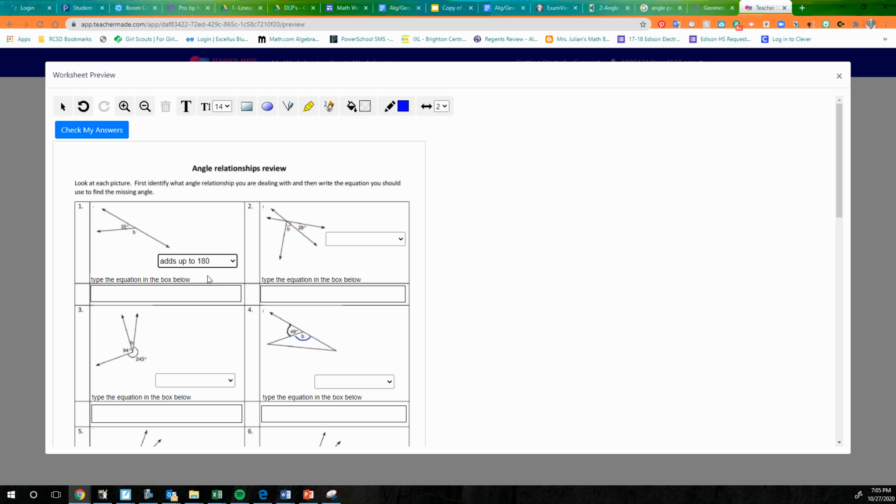So you would pick one, and then you're going to click in the box right here, and you're going to type what you think the relationship should be. You can backspace if you make any mistakes, and then move on. That's all you have to do. Write the equation, pick the relationship, and you are done.